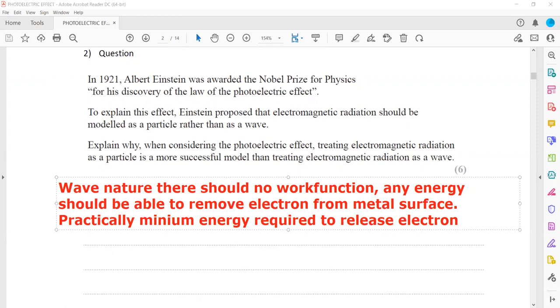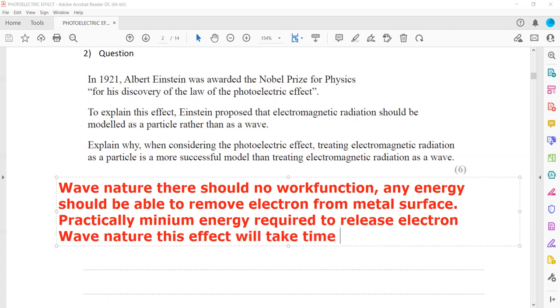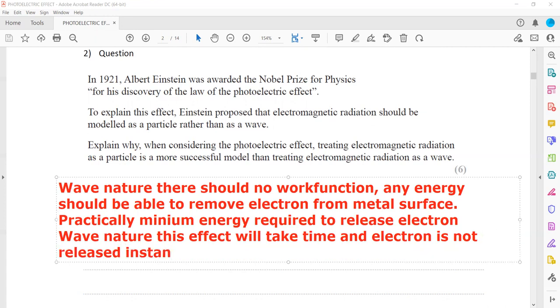Then, according to wave nature, if light has a wave nature, this effect will take time, and the electron is not released instantly. Immediately the electron will not come out according to wave nature.